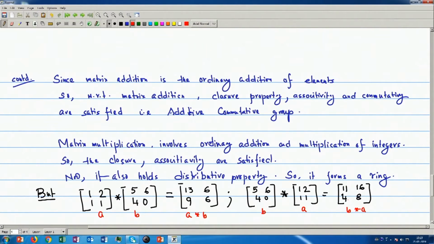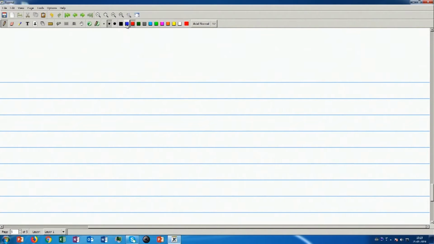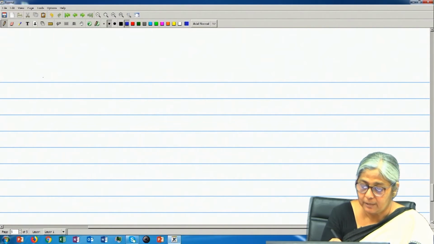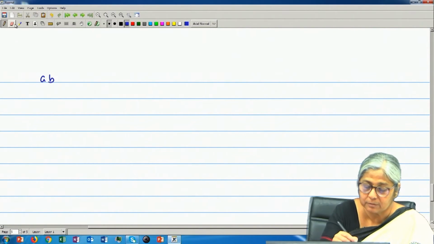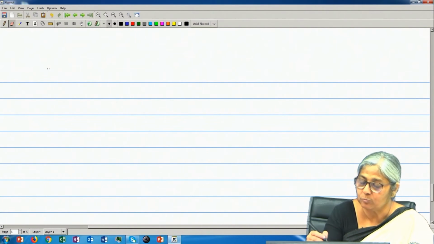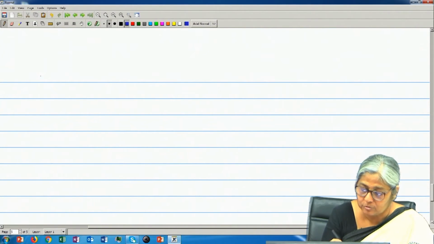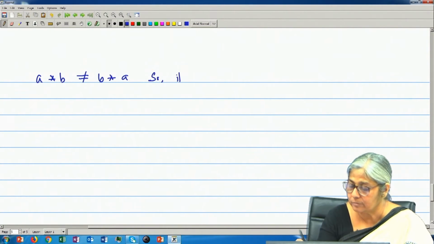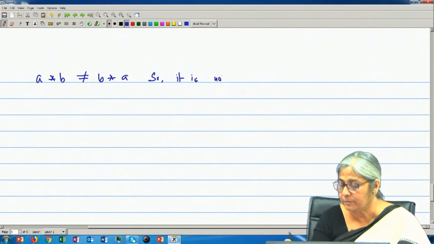So, what we can conclude is that with respect to matrix multiplication, A star B is not equal to B star A. So, it is not commutative.